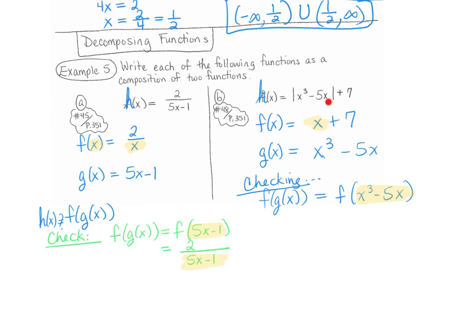If we don't, that means we need to go back and make an adjustment. So now we're putting it in for x in f of x, so that gives us x cubed minus 5x, all of that plus 7. Is that equivalent to h of x? Because it's missing the absolute value sign.